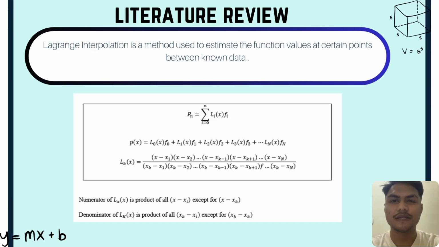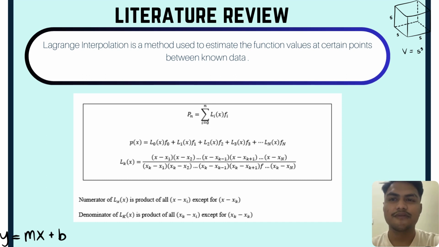The Lagrange interpolation method is used to estimate the function values at certain points between known data. In this case, when rainfall data is unavailable, Lagrange interpolation can be used to predict the amount of rainfall at a given location and time using the information that is currently available. This method requires a minimum of 2 data points.